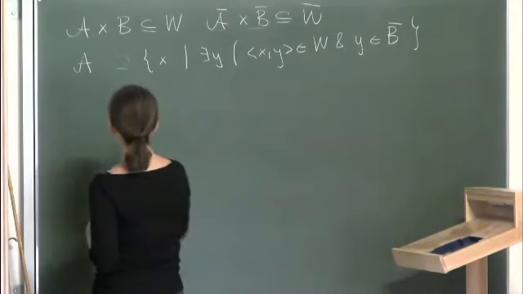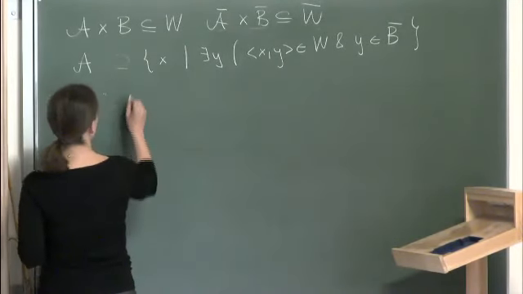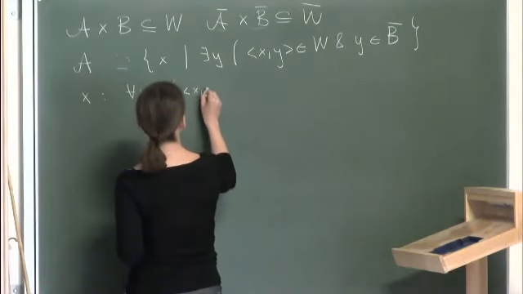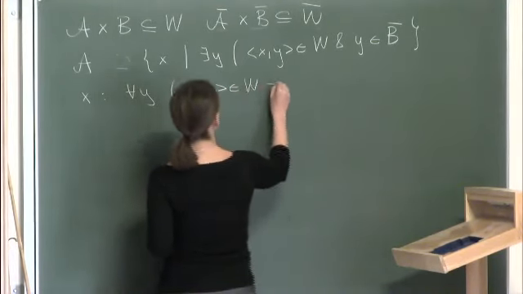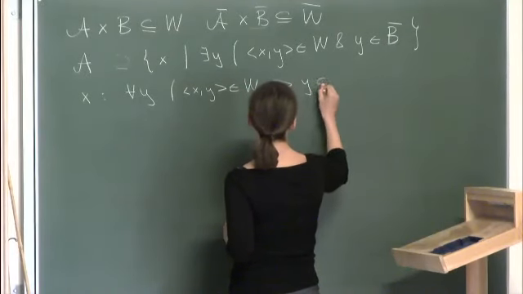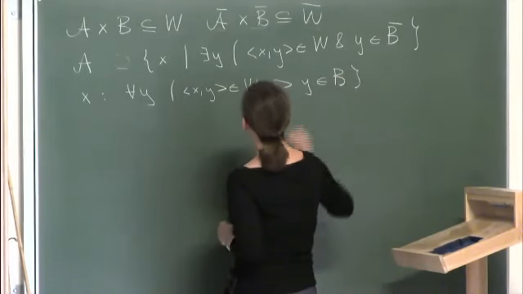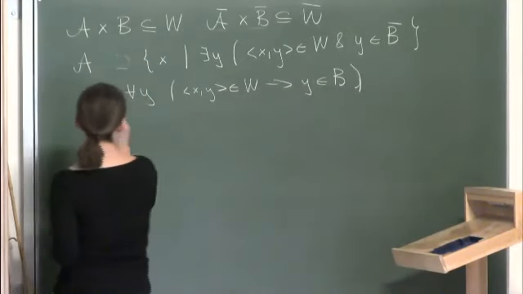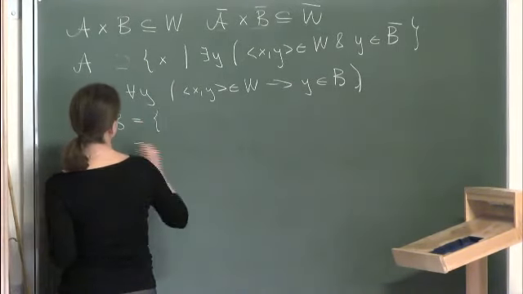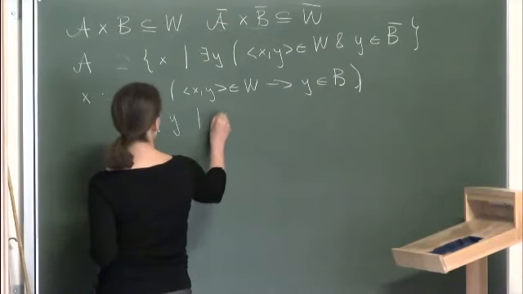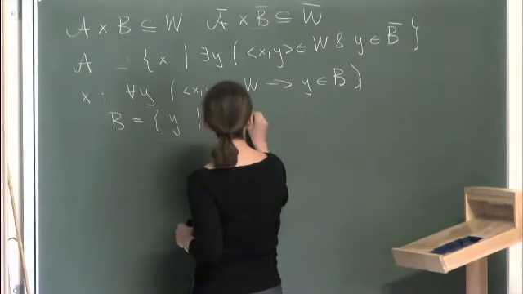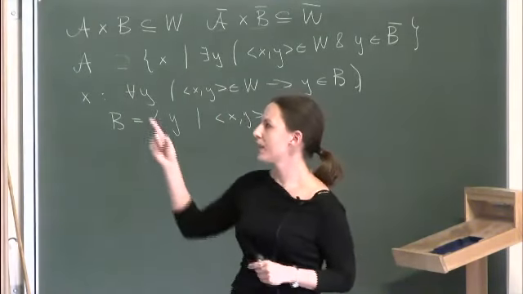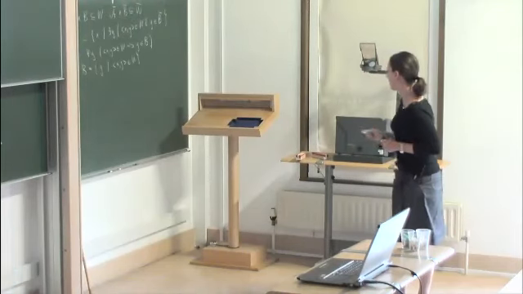Well, suppose not. Suppose that x is such that for every y, if xy is in W, then y is not in the complement of B, y is in B. Well, now because of this property, we have that B can be defined as all y's such that xy is in W. So it turns out that B is a C set, but we were given a non-trivial k-pair, so this is again a contradiction.